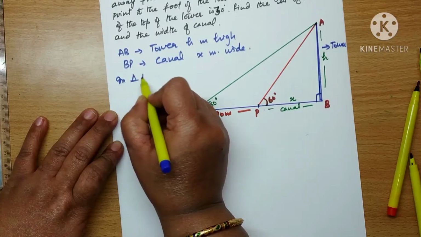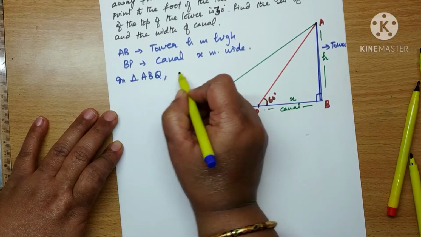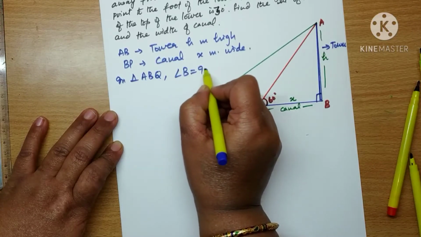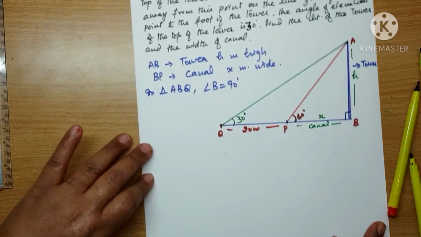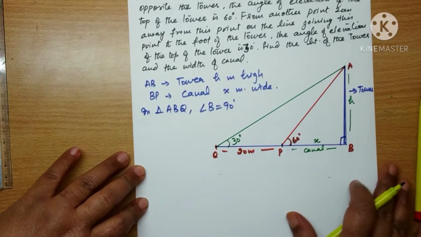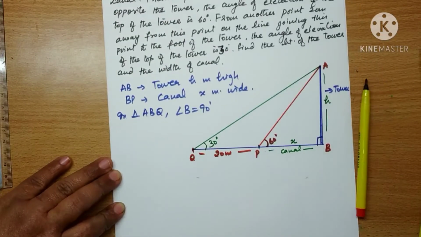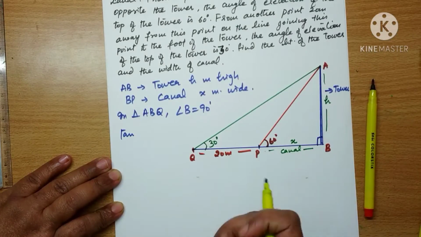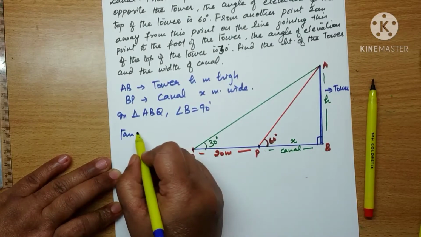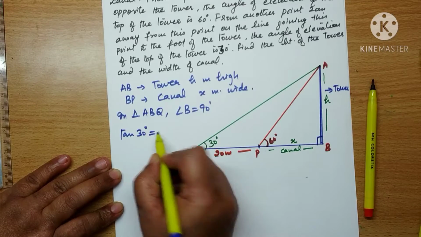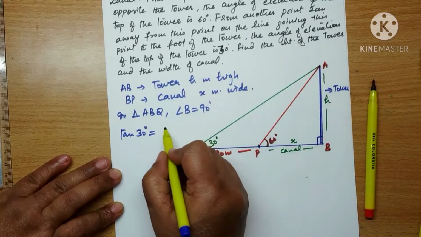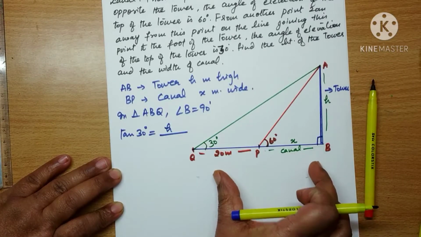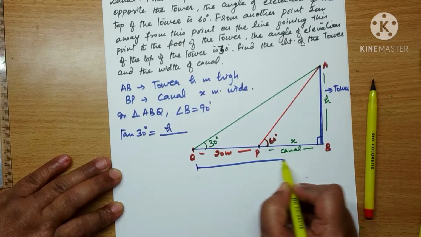In triangle ABQ, angle B is 90. So we can apply T ratio. Since we have perpendicular and base, we'll apply tangent, and the angle is 30, so tan 30 is perpendicular, which is H, by base, which is X plus 20.